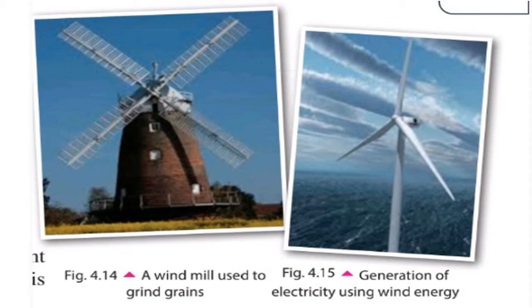In ancient times, people used this energy to grind grains and pump water. When a windmill operates, it rotates the parts of the generator. This can be used to generate electricity too. This type of wind power plant is available in Sri Lanka as well. Examples are Hambantota and Puttalam.